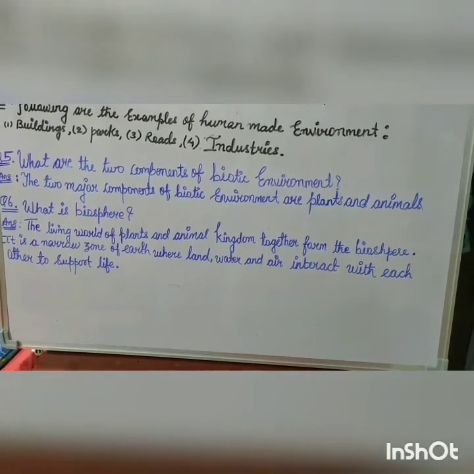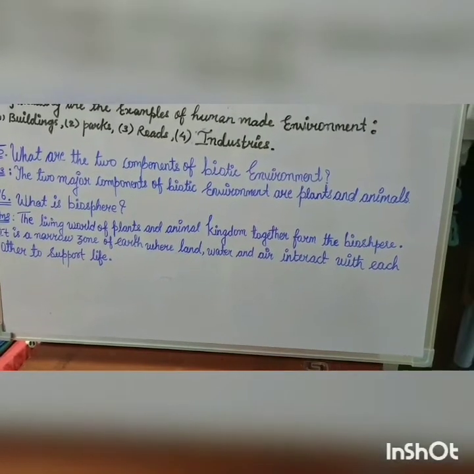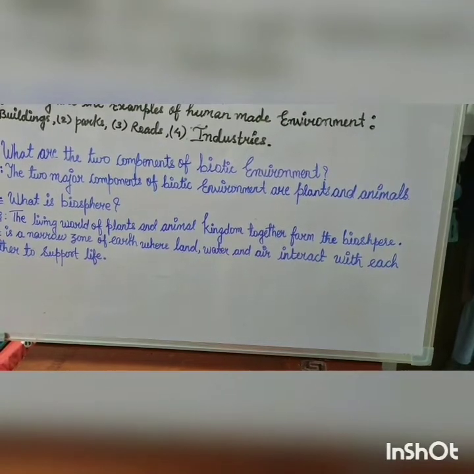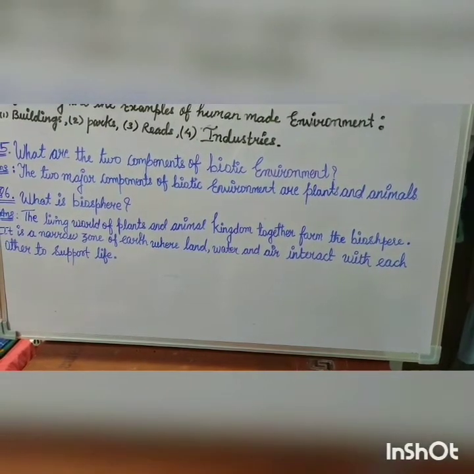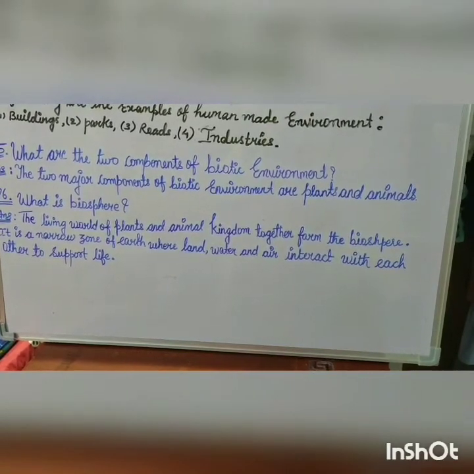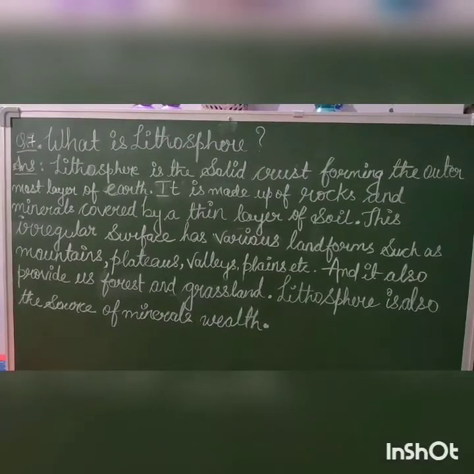Next question, question number 6. What is biosphere? The answer is the living world of plants and animal kingdom together forms the biosphere. It is a narrow zone of earth where land, water and air interact with each other to support life. Question number 7. What is lithosphere?